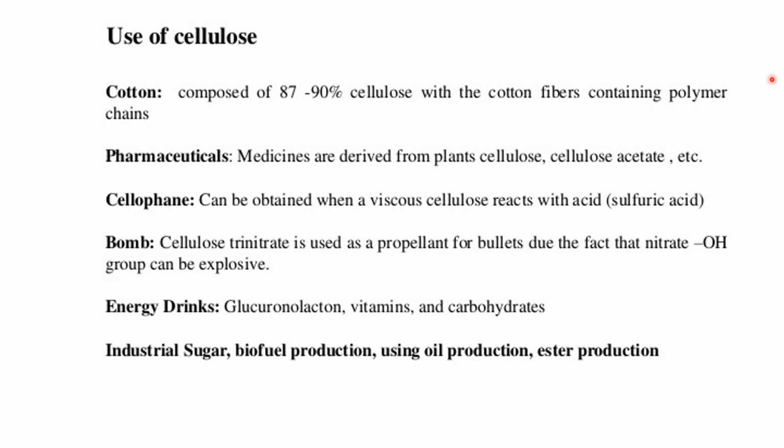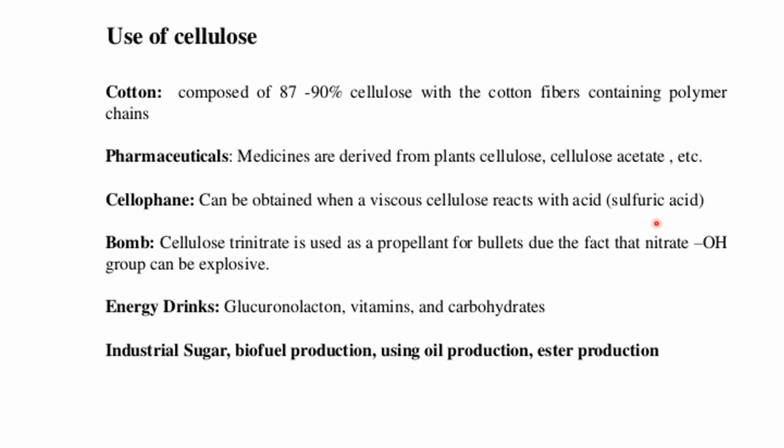These are the important industrial applications of cellulose. Cellulose composes 87 to 90% of cotton fibers. Many medicines are derived from plant cellulose and cellulose acetate. And cellophane is made from viscose cellulose reacting with sulfuric acid.